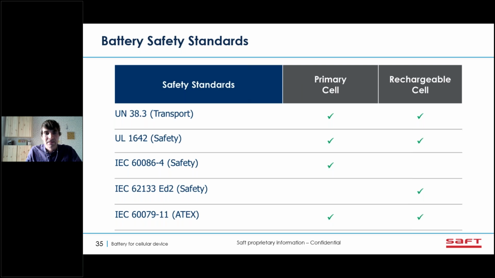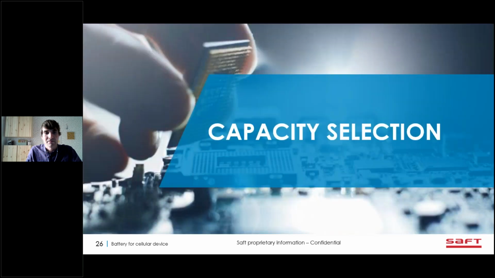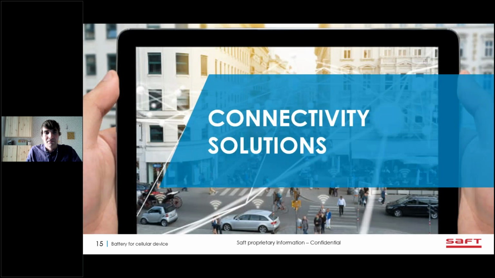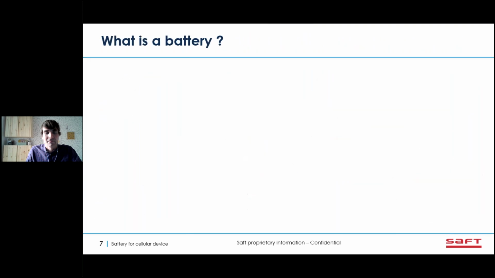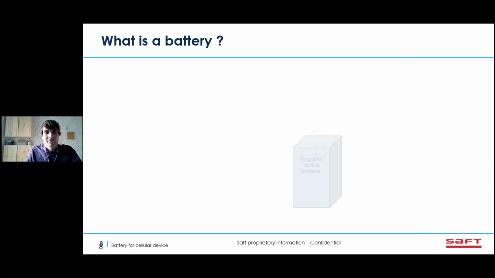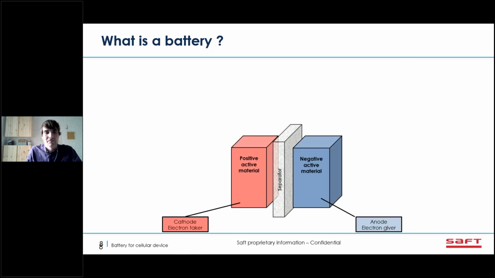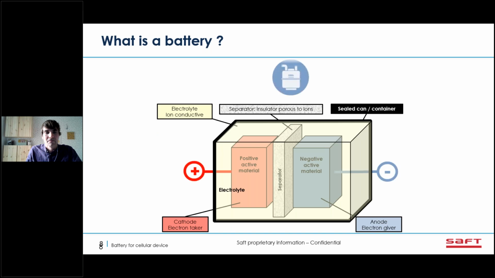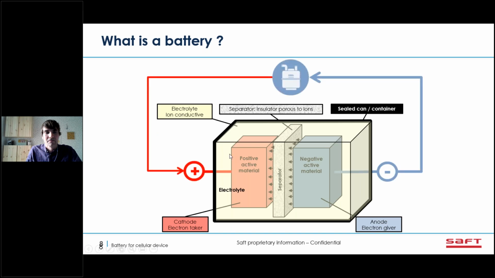Lithium thionyl chloride chemistry is what we call a liquid cathode system. It means that the positive active material is not the carbon support, and this is not an electrode.